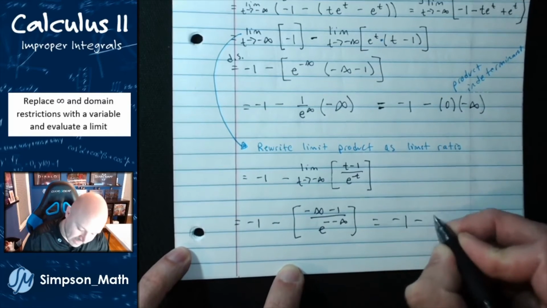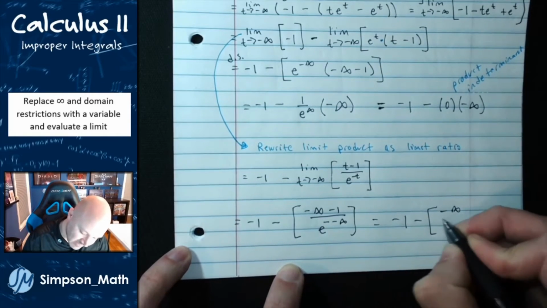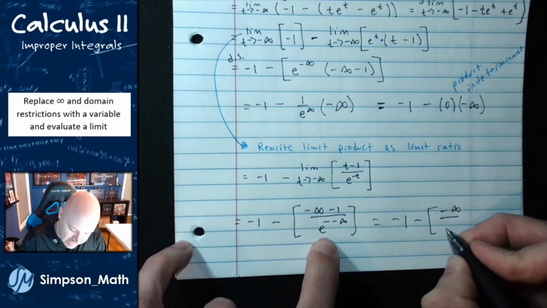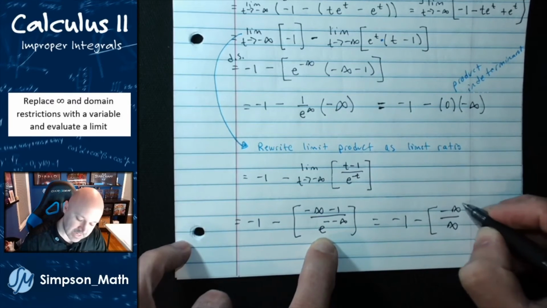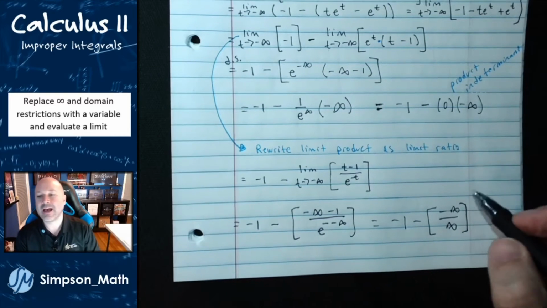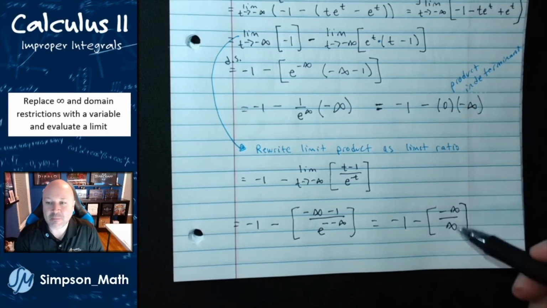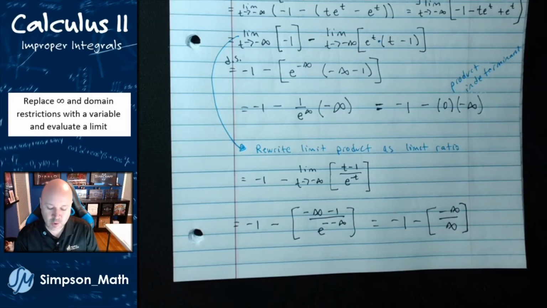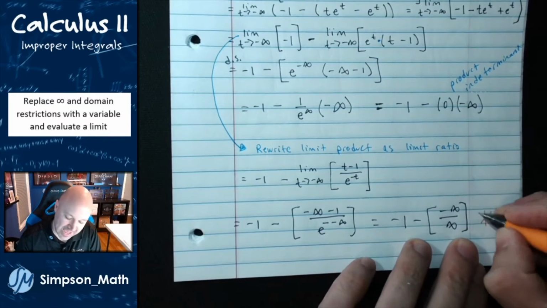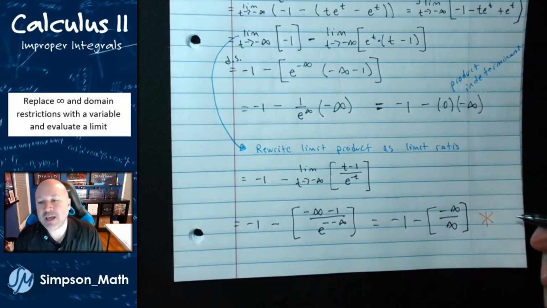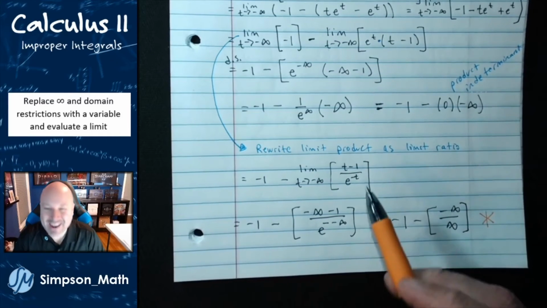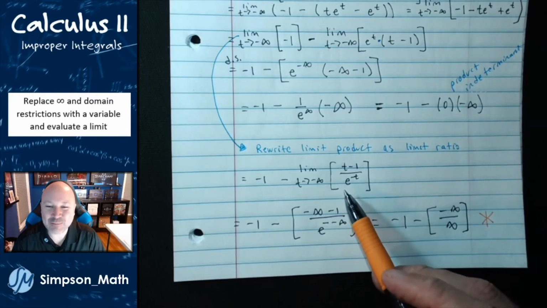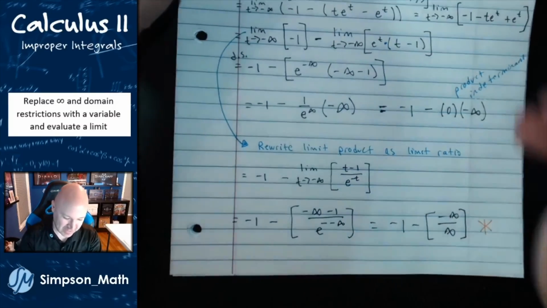That's negative 1 minus negative infinity over e to the positive infinity, which is positive infinity. Okay, I got it. Remember this? This is L'Hopital's rule. I put a little asterisk to let me know that I'm going to apply L'Hopital's rule, which means I go back to the limit and I can apply L'Hopital's rule. I need a new sheet of paper here.